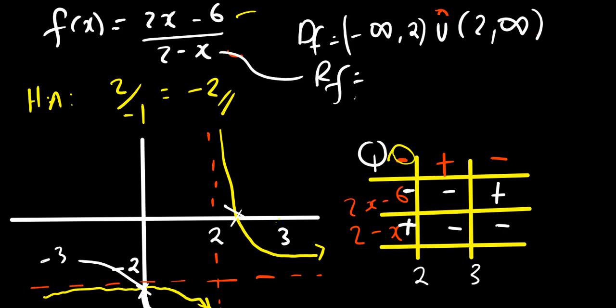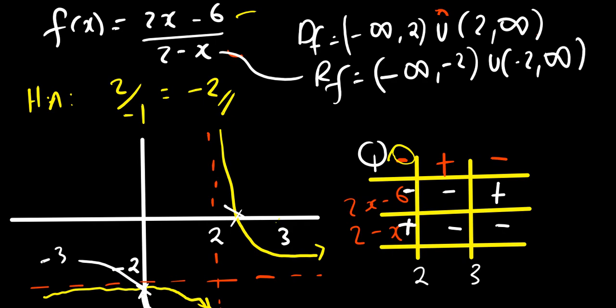We're able to see that we just don't want negative 2, because that's our asymptote. So we want all the values from negative infinity, but not negative 2, so union negative 2 to positive infinity. We want all the values except negative 2. That will be our range.